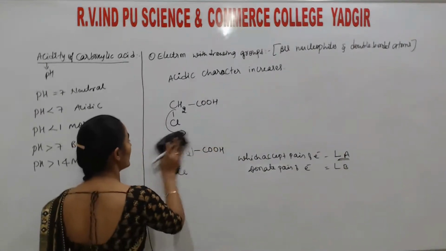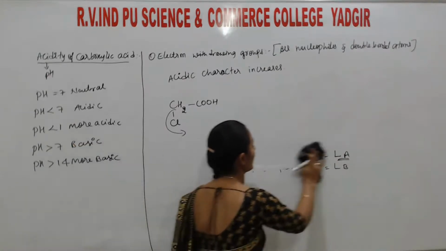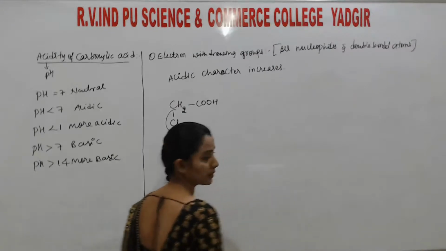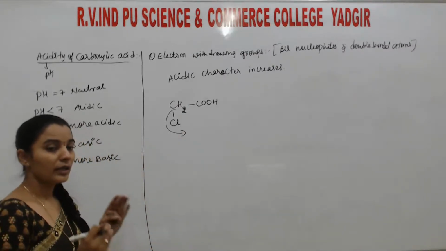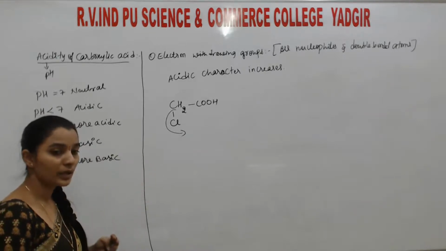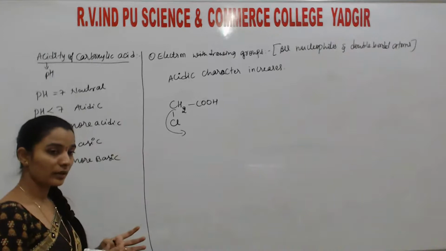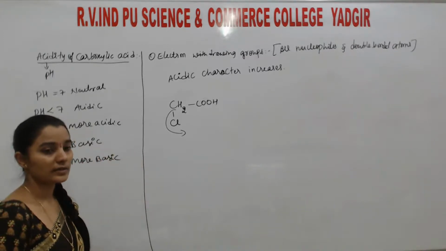So if the electron withdrawing groups are there, then the acidic character increases, because that decreases the electron density. Decrease in electron density results in accepting an electron, and accepting an electron means, according to the Lewis concept, it is a Lewis acid.